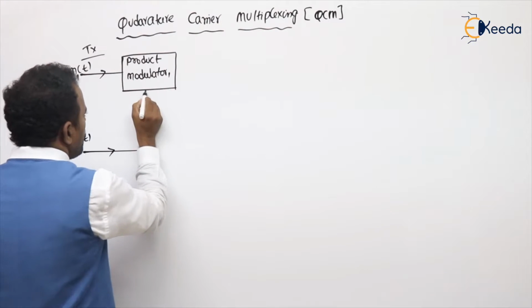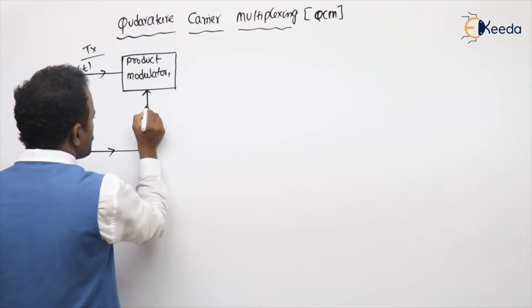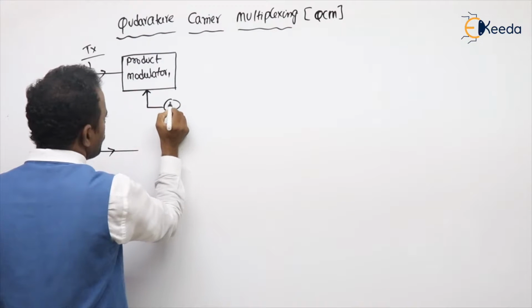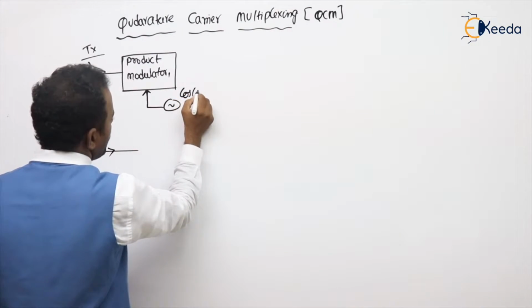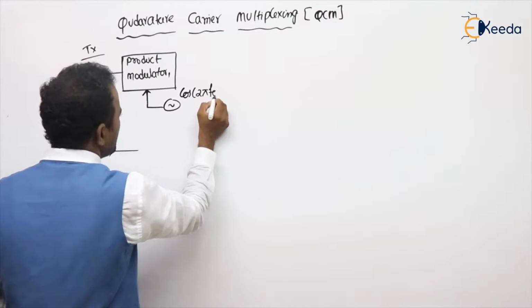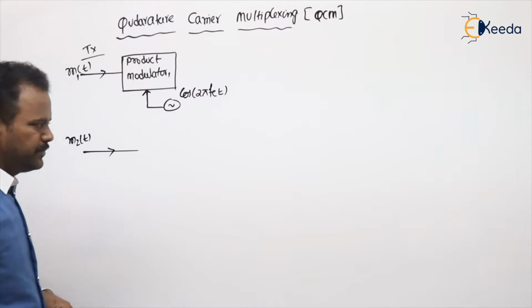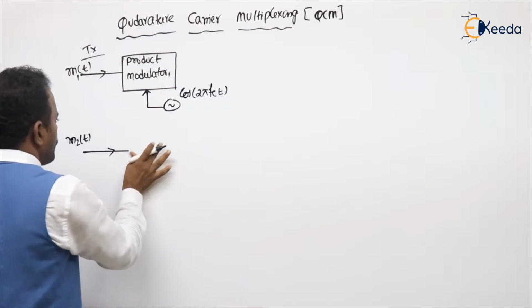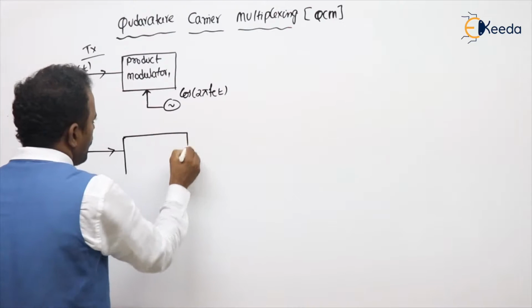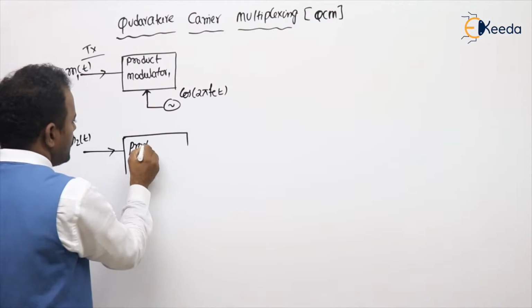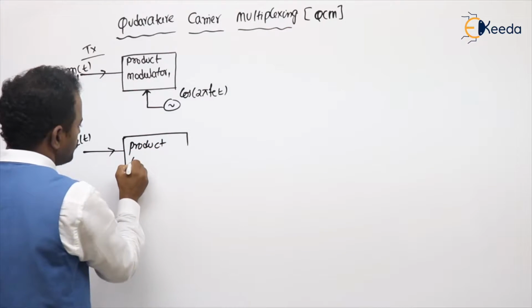For this one, we are giving another input, of course the carrier, which will be taken from the local oscillator. You can take AC cos 2 pi fct or cos 2 pi fct, that's not a matter. Next, for generation of the second modulated signal, another product modulator is taken, meaning DSBSC.